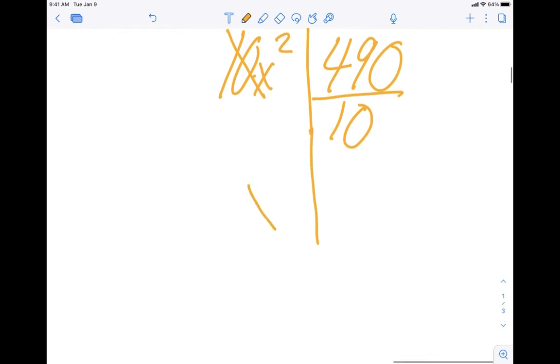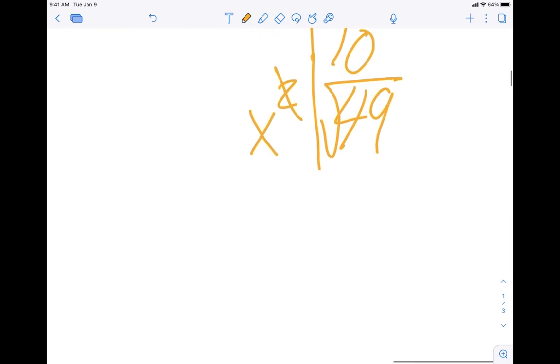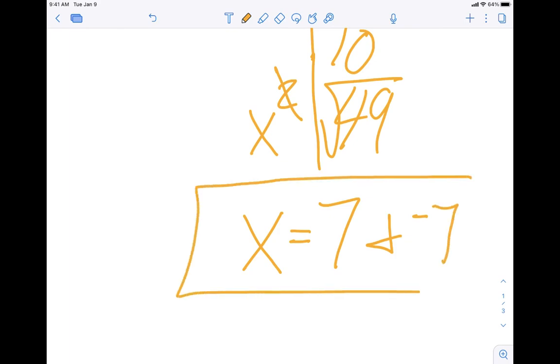So I get x squared, and I get 49 here, just like that. The opposite of squaring is square rooting. So I get x is equal to, the square root of 49 is 7. But remember, this is 7 and negative 7. Those are my two solutions.